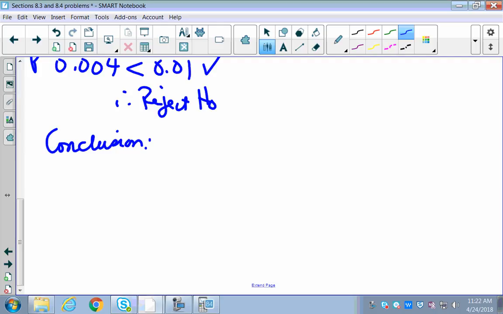How do I read the chart? The first thing is I've got to decide if the claim had equality or not. Did it? No. Since it did not, I'm going to go down to the second little bullet there. Do you reject the null hypothesis? Of course, yes, we did. And because of that, we're going to say the sample data support the claim.